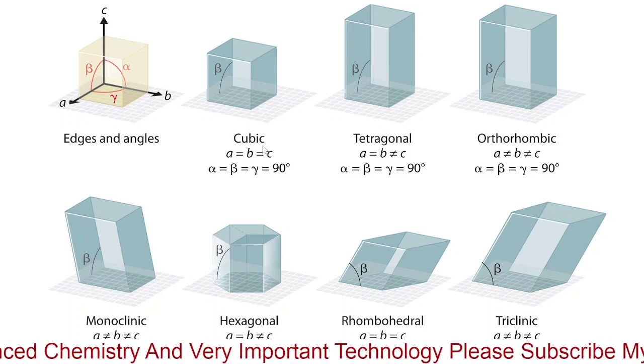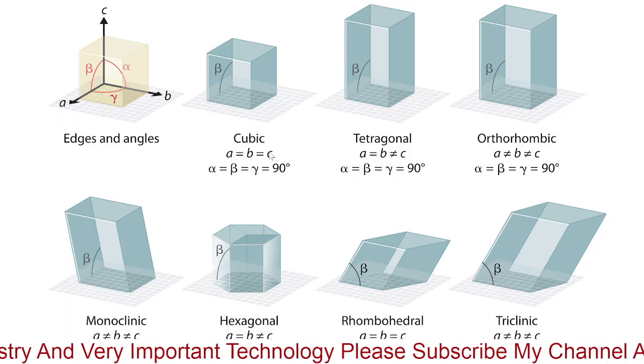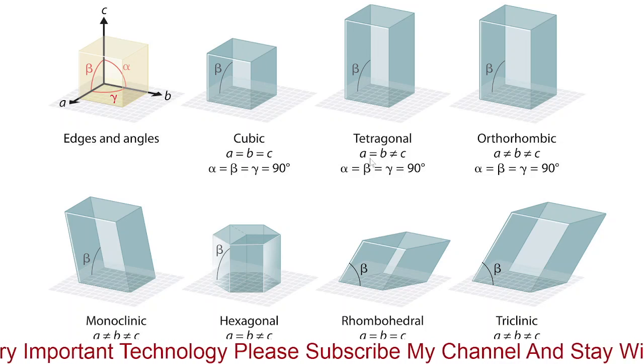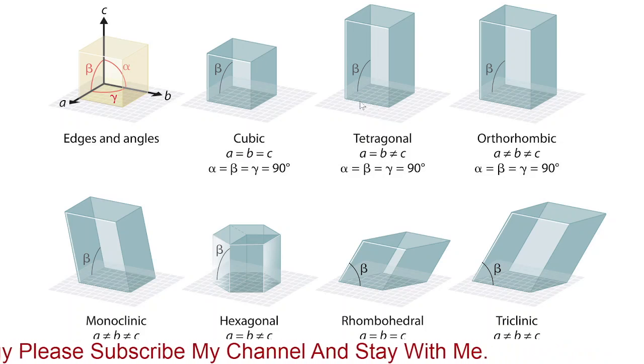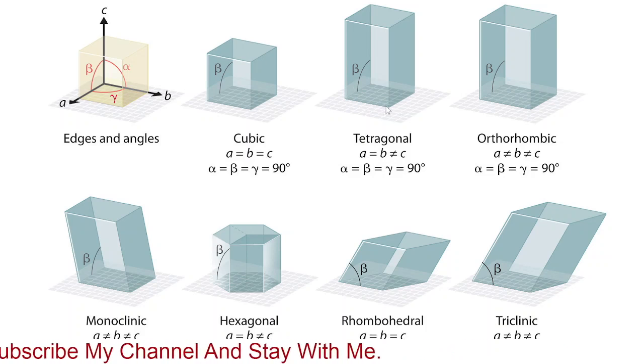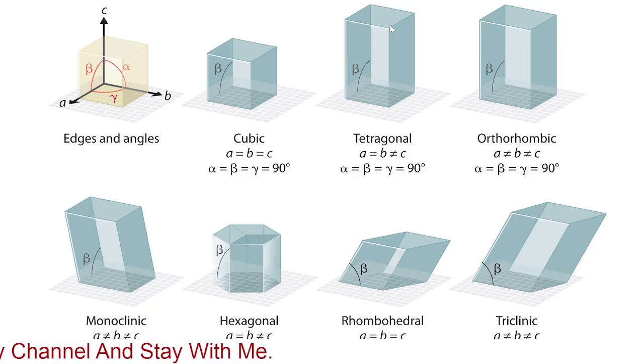Now if a equal b, two sides are equal, that means this side and this side are equal. But if the third side is not equal to a and b, then we can consider that as tetragonal.